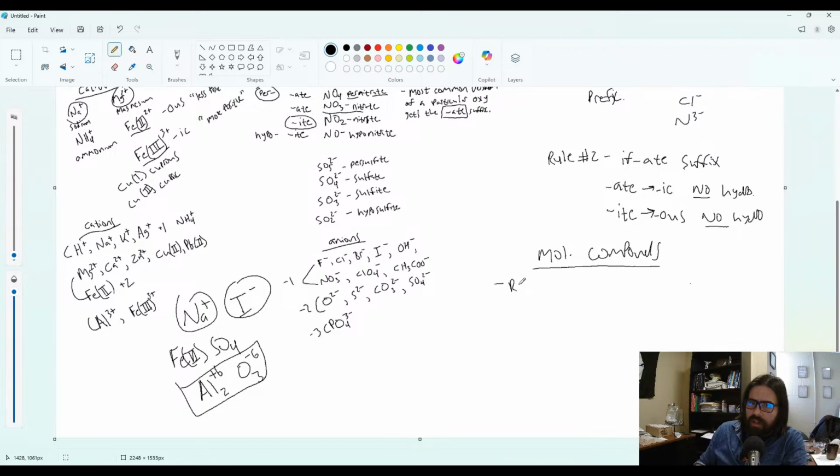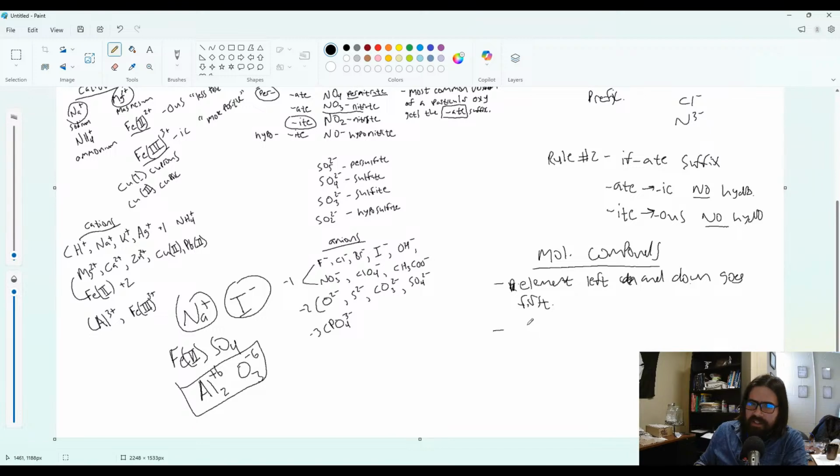Rule number 1: the element on the left and furthest down goes first. So if you're further to the left and down on the periodic table, you're going to get named first.